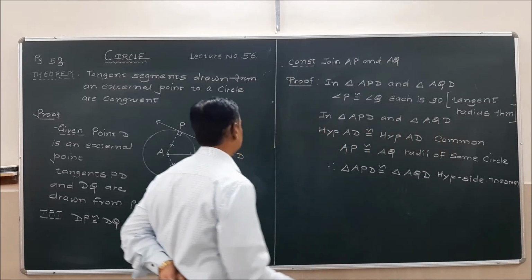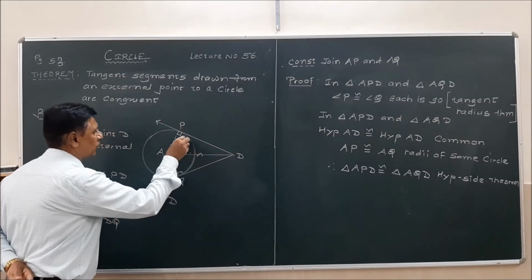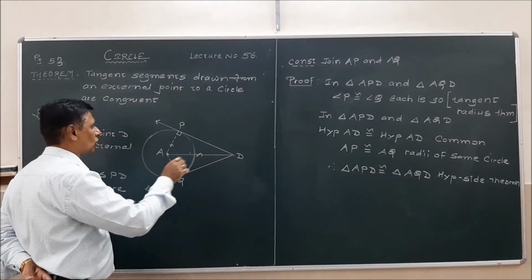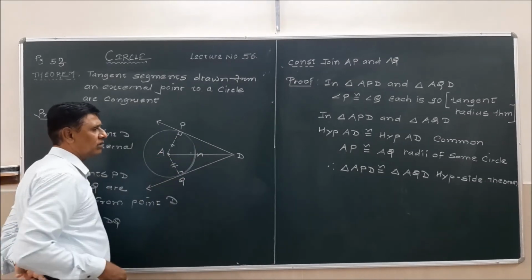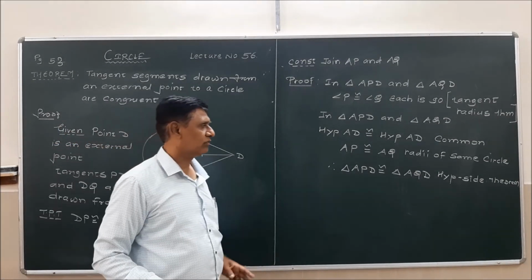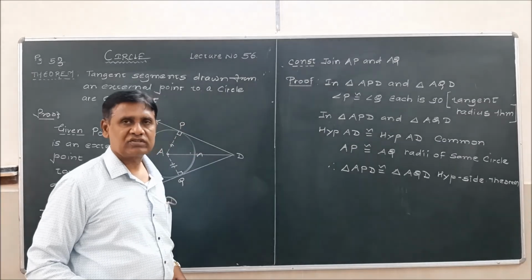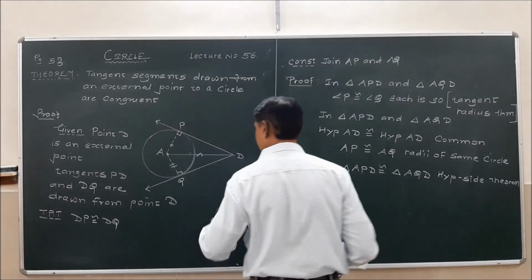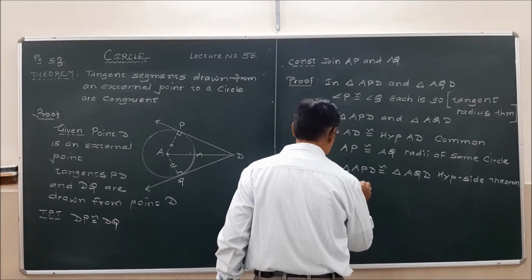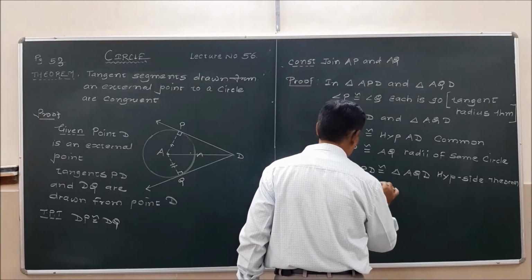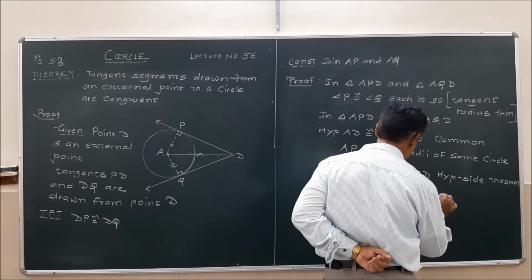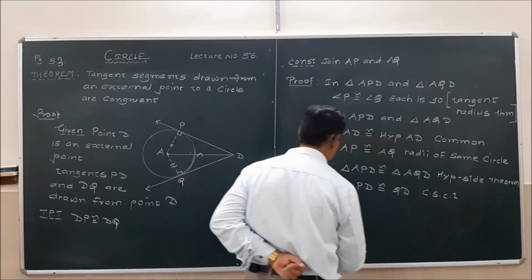Is that clear? AD is the hypotenuse for both the triangles, which is common. Okay? Therefore, it is congruent. AP is equal to AQ, radii of the same circle. Therefore, then very simple, DP is equal to QD. PD is congruent with QD, corresponding sides of congruent triangles.